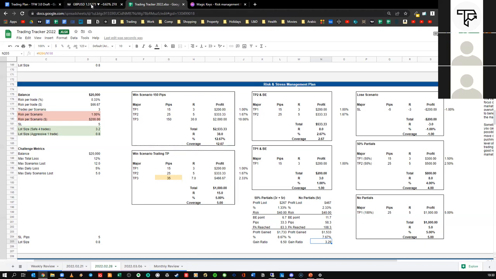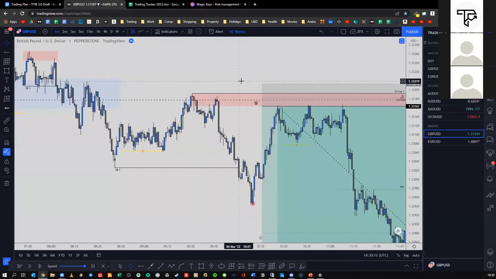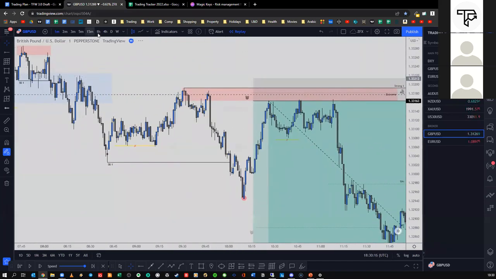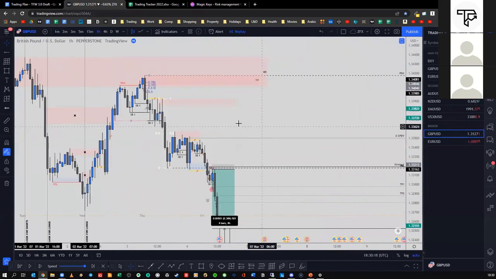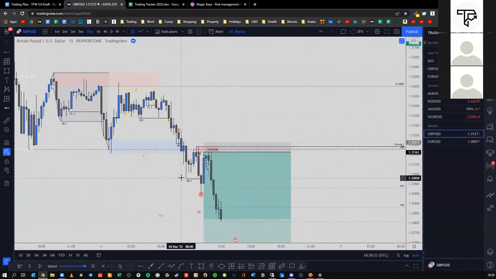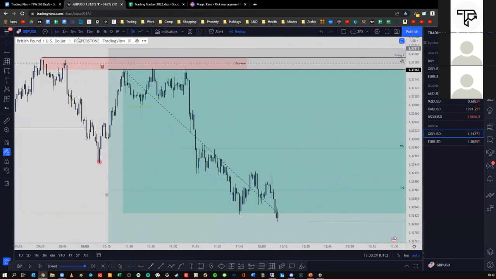So how is that in action on the charts? Following on from Razwan, I took the same trade. We both took the same trade. If I just zoom in, we had a nice TC, and then a retracement into the extreme, which we looked at in the case study earlier.